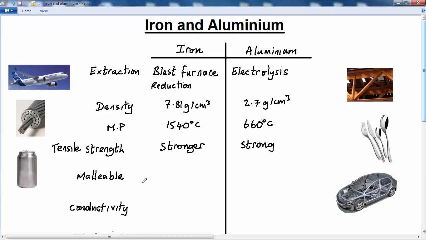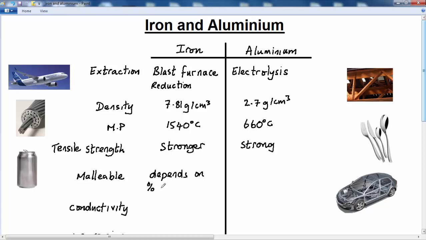So malleability. Both of these are malleable metals in their pure state. That's to say, iron is malleable in its pure state, but the problem is when it comes out of the blast furnace, it's got quite a lot of carbon mixed in with it, about 4%. That's called cast iron, and that's not particularly malleable. So it depends on the percentage of carbon mixed with the iron, so it depends on the type of steel we're talking about.